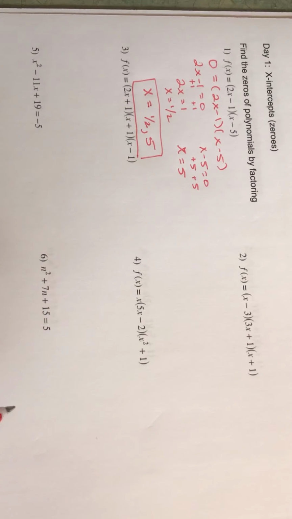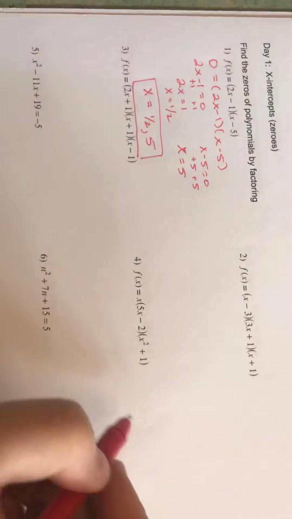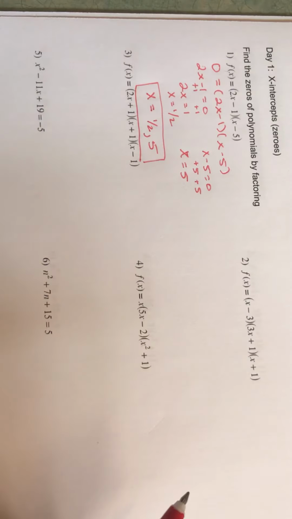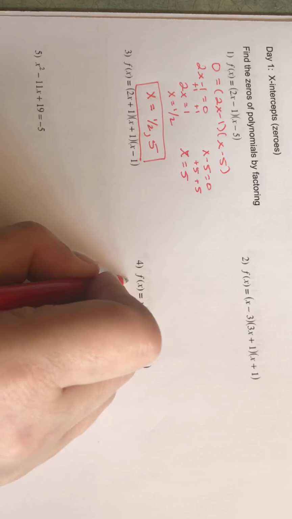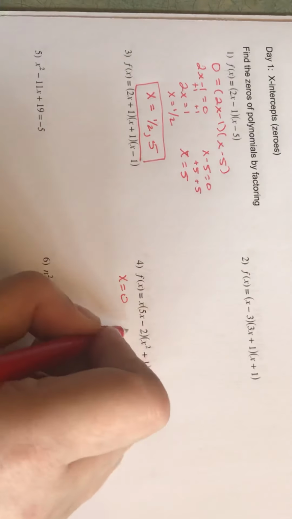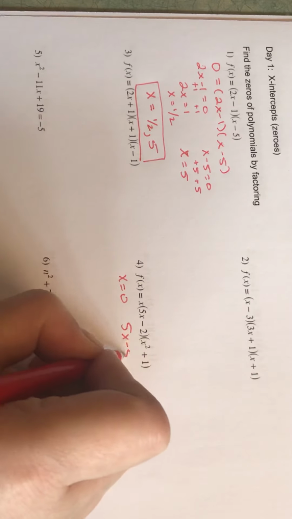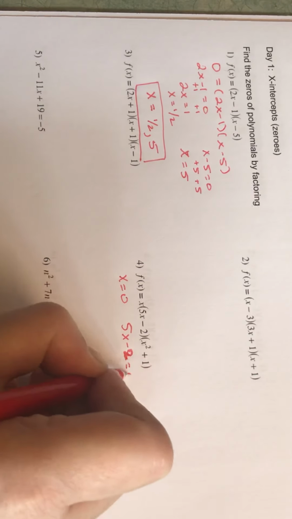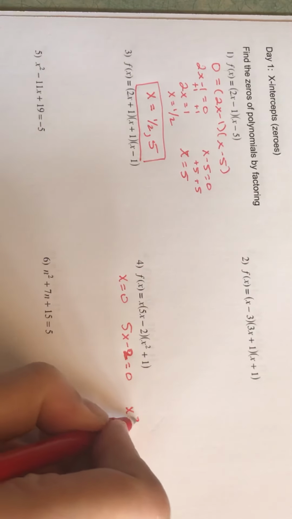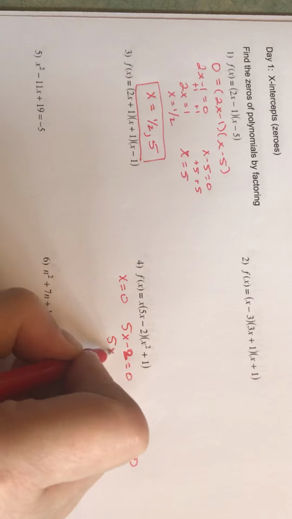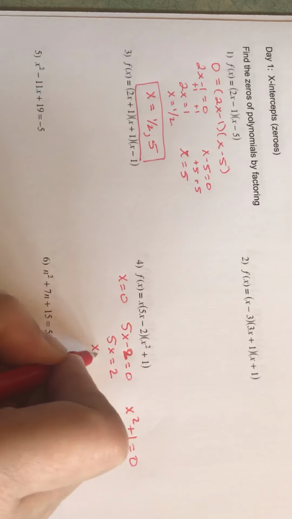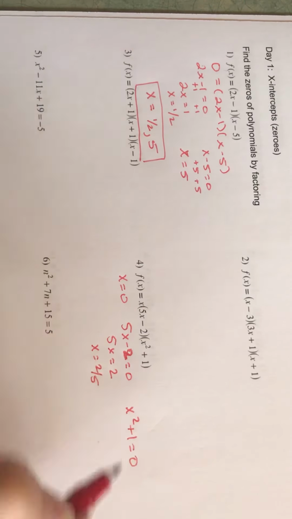And we're just going to keep doing that for all of these. Notice this one, we have x equals 0. We have 5x minus 2 equals 0. And we have x squared plus 1 equals 0. So here it's just 0. Here, 5x equals 2, so x equals 2/5.